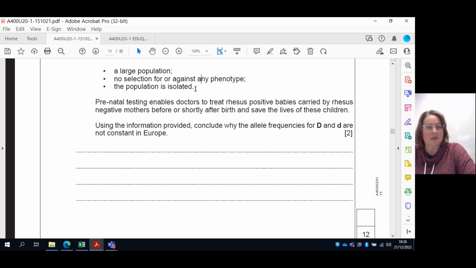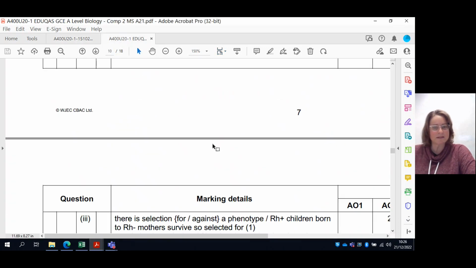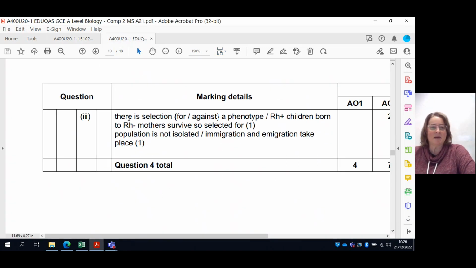Yep, so that criterion is not fulfilled. So here we go. The mark scheme is saying clearly that selection against a phenotype is there. So positive children are selected for, negative ones against, and population is definitely not isolated. We do have relatively free movement, or not relatively free movement. I'll leave that for you and your political brains to analyze.